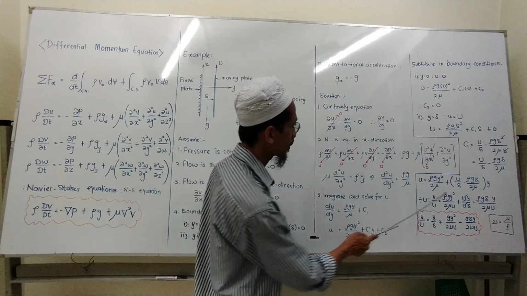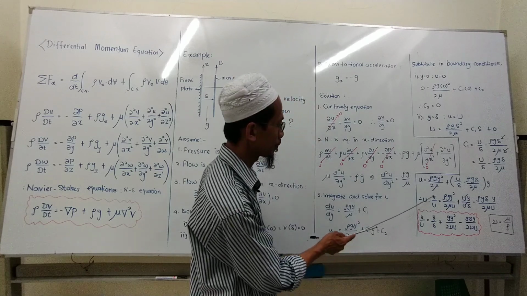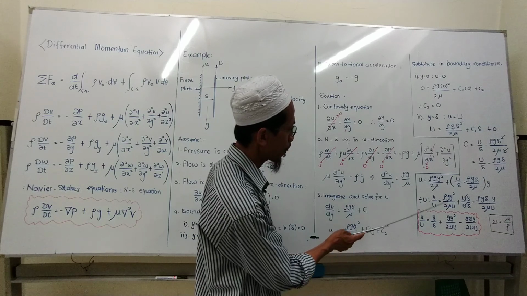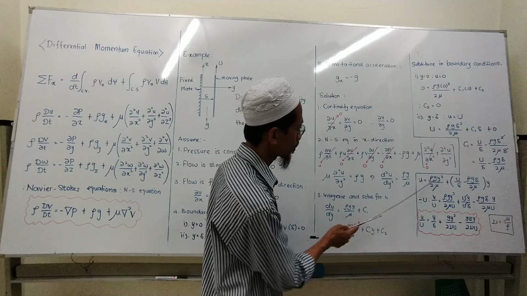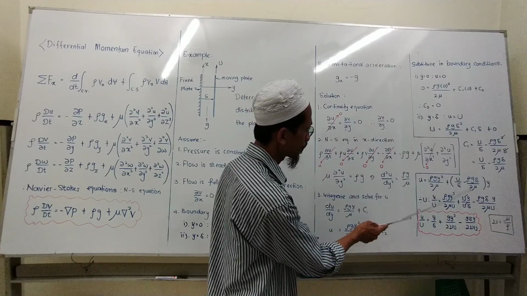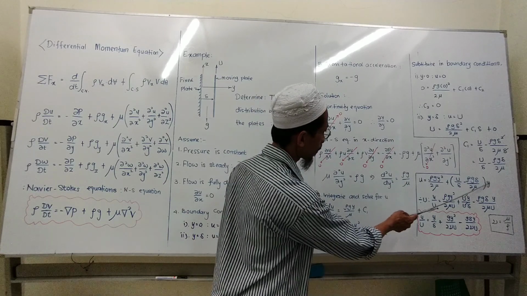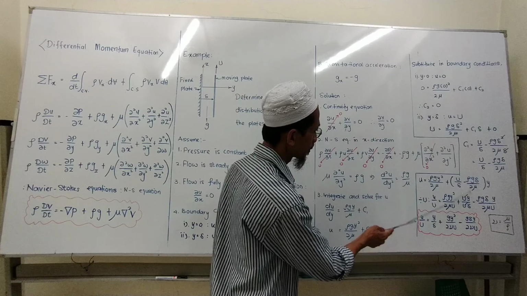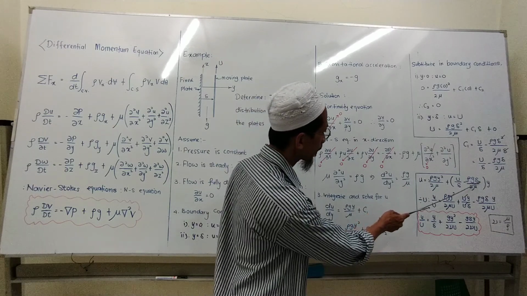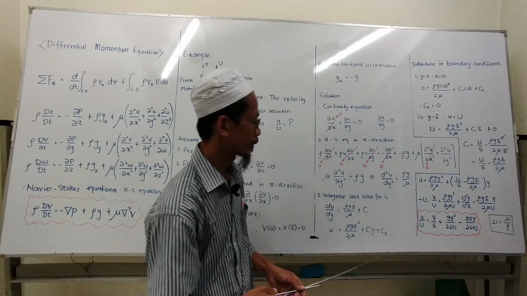Then all this we divide by capital U to get the velocity distribution, small u over capital U: ρg y² over 2μU, plus y over delta, minus ρg delta y over 2μU.